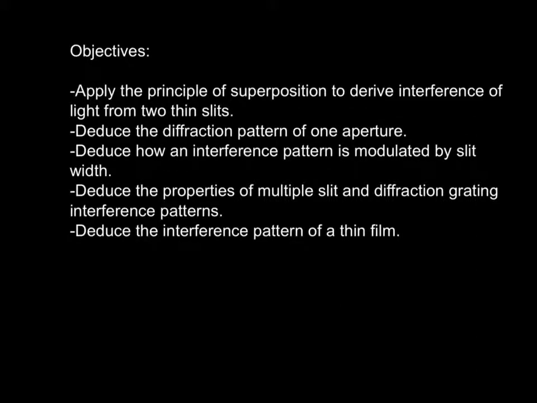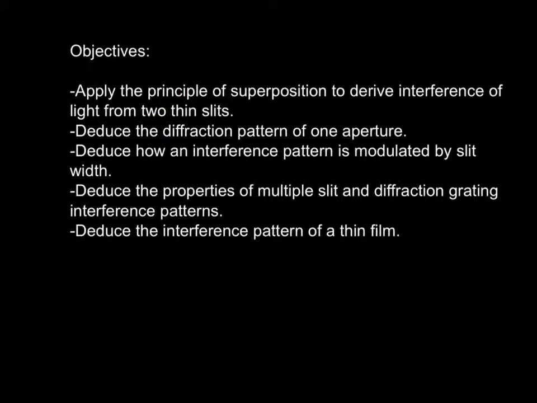Okay, so we came to the end of the video, and let's see if we have done what we were supposed to do. I didn't show you the objectives at the beginning, but this is what the IB wants you to know. First, we applied the principle of superposition to derive the interference of light from two thin slits. We did that. Then we deduced the diffraction pattern of one aperture using what we learned in this example before.